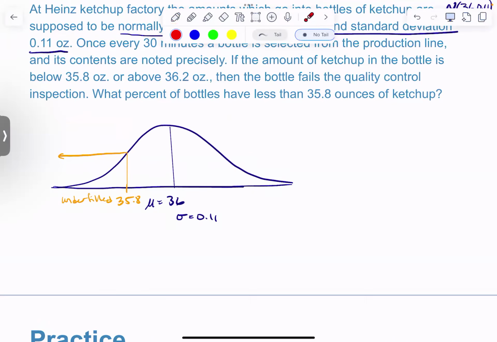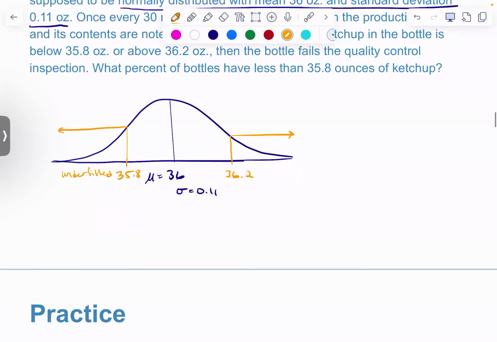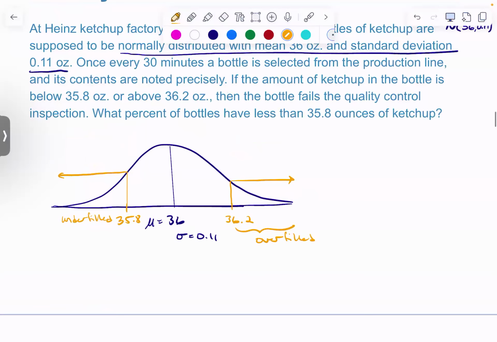So in terms of my visualization here, I'm just going to plop it down, 36.2. We can also find the probability of them being overfilled. This question in particular is not asking for that, but if it doesn't later, we'll do that one as well.